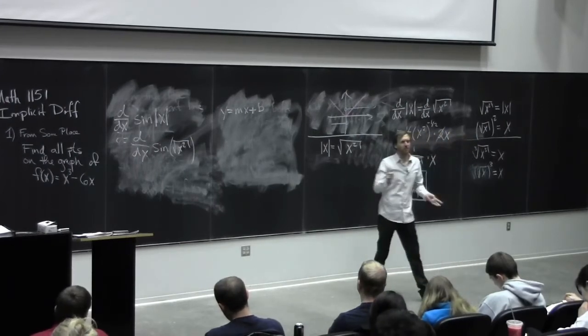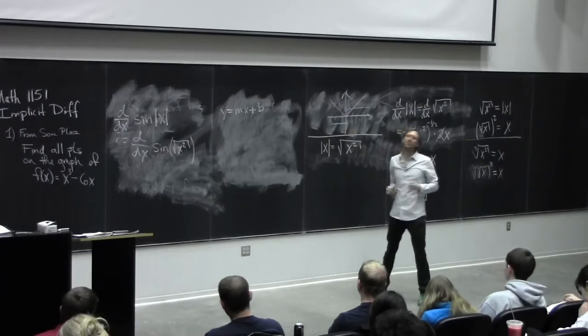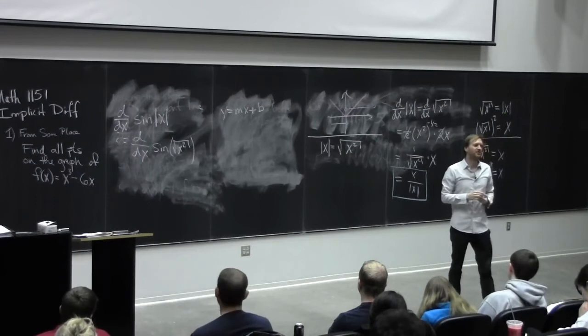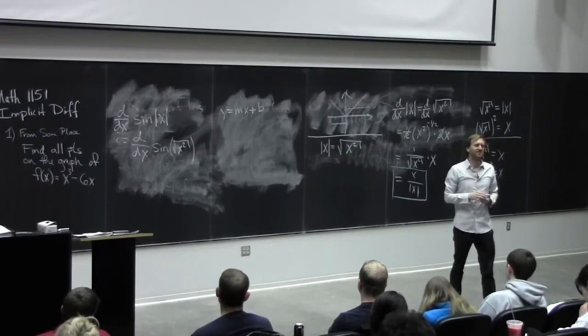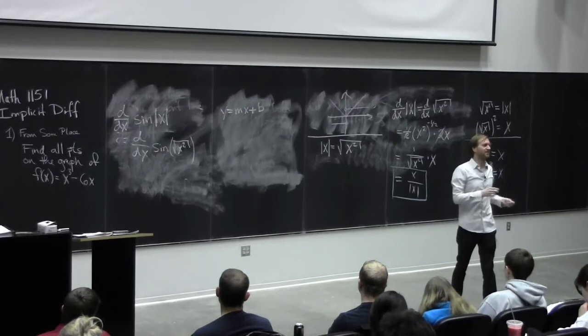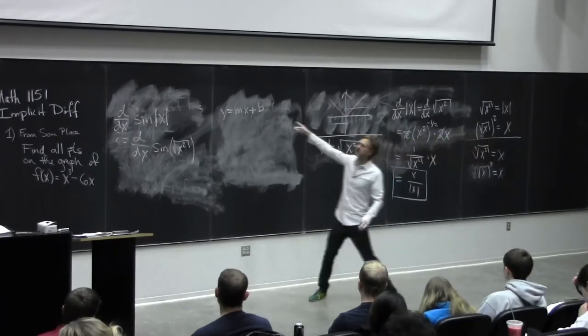Is there any weakness to the y equals mx plus b formula for a line? Any weakness you can think of? Yeah, there is a y-intercept. It's right here.